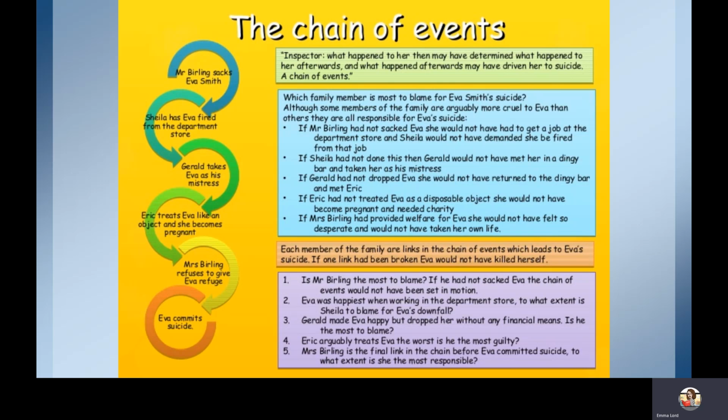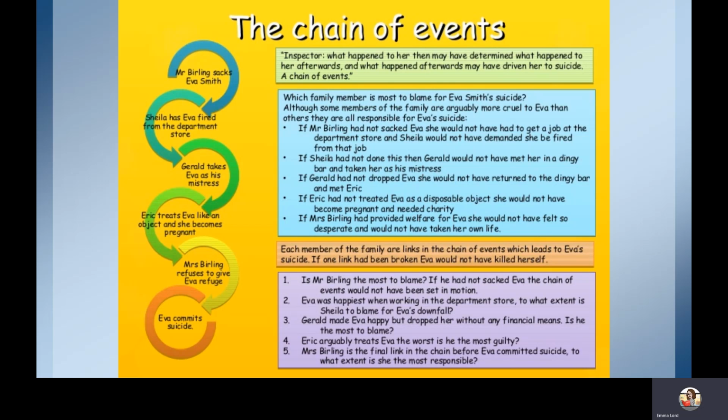Then she is pushed into this world of prostitution, and Eric meets her while she's working as a prostitute. They have a very brief relationship, and it's very questionable if that was a consensual relationship. She becomes pregnant. Eric offers her money to deal with this situation, but it's stolen, and she refuses to take it, which again shows this very moral side to her.